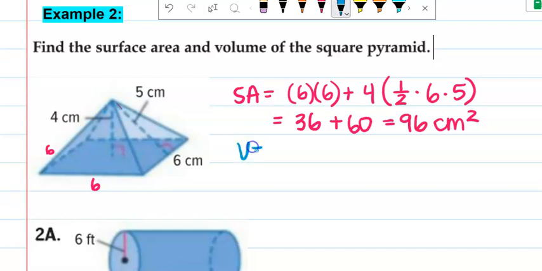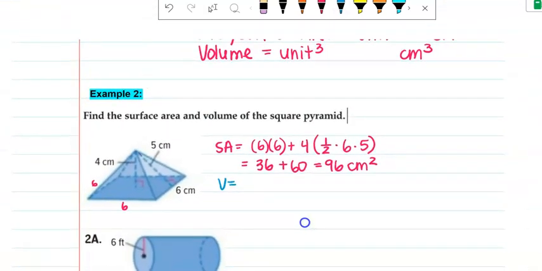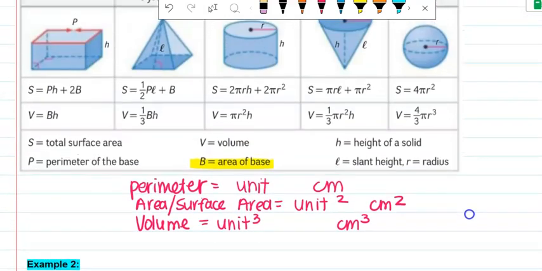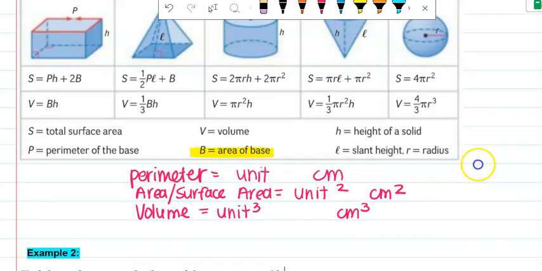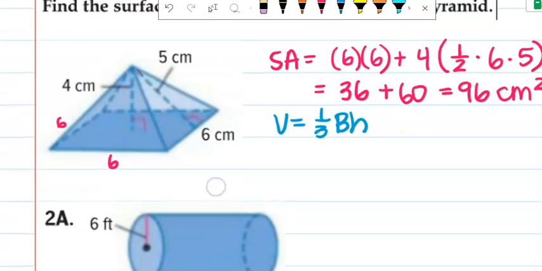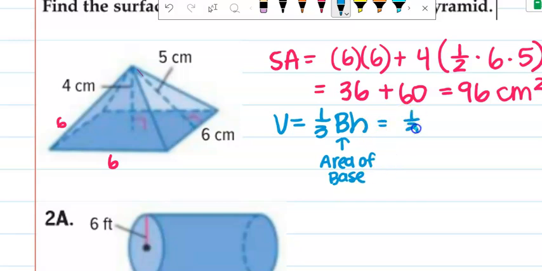For volume, you're definitely going to want to look at the equation. I don't know what the equation is off the top of my head. For a pyramid it is 1/3 capital B H. And remember that capital B, this is looking for the area of the base. So 1/3 the area of the base.